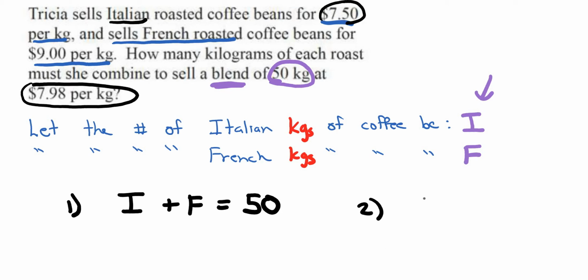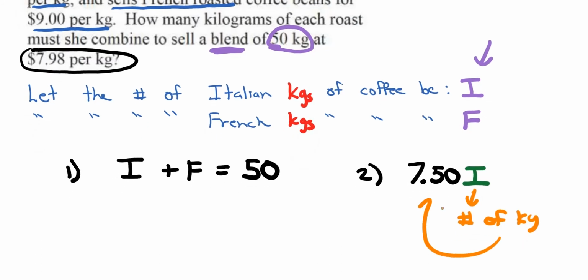So here's my $7.50 per kilogram, and I'm going to multiply the $7.50 by I, right? Hopefully this makes sense because I is the number of kilograms, and if I multiply the number of kilograms by $7.50, that gives me my dollar value, right? So if I have 2 kilograms of Italian coffee, that'll cost me $15.